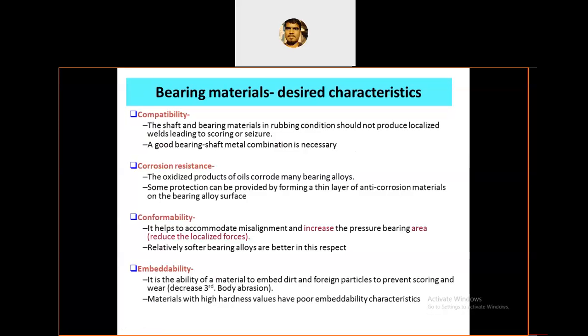Clear? So that can be reduced by using a better embeddability of the bearing material. If the material has a high hardness value, it produces poor embeddability. Means if the material is soft, with less hardness, embeddability may increase.